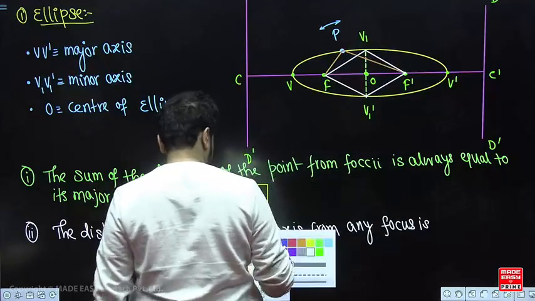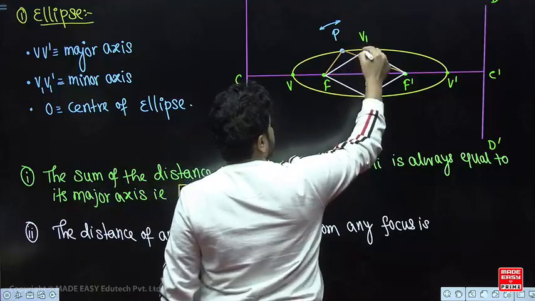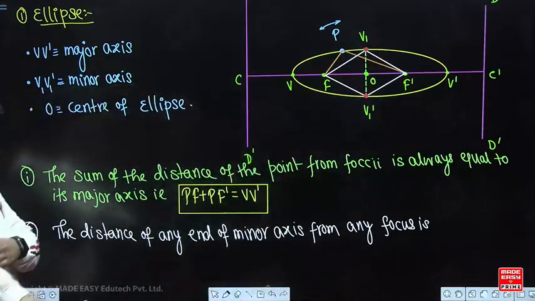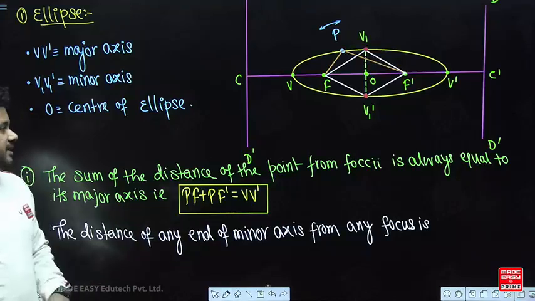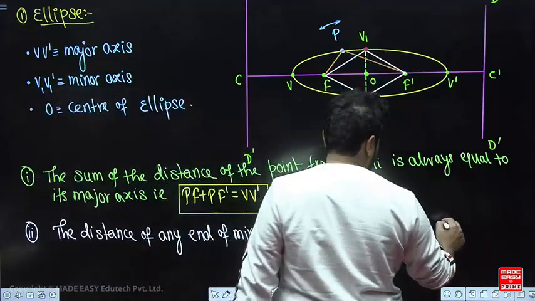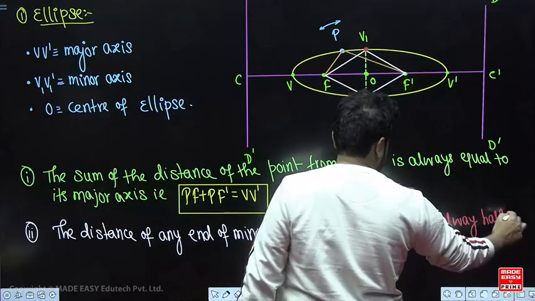What are the minor axis ends here? So this is one end of the minor axis, and its distance from any focus, right? So the distance of any end of the minor axis from any focus is always half of the major axis.